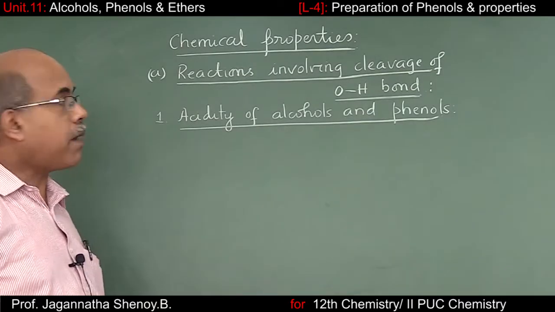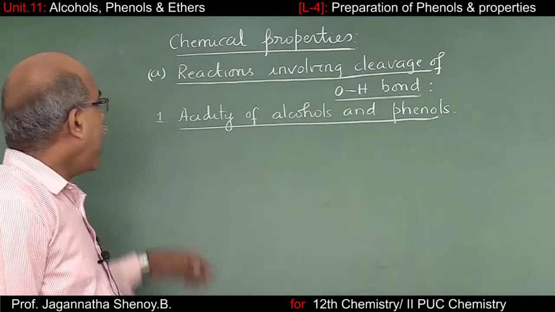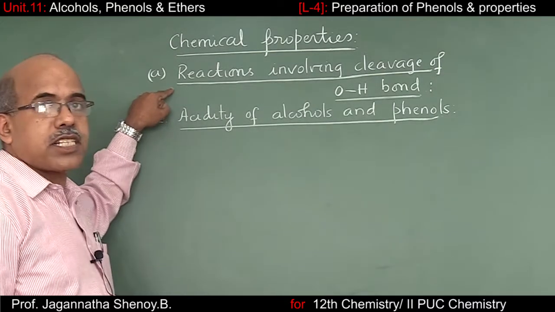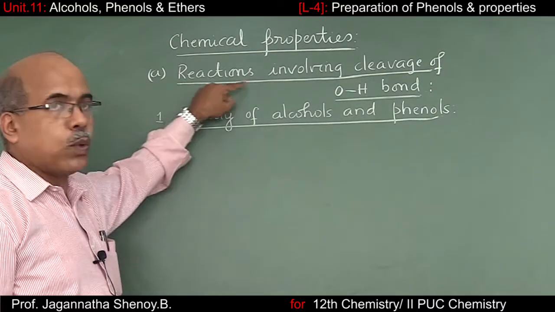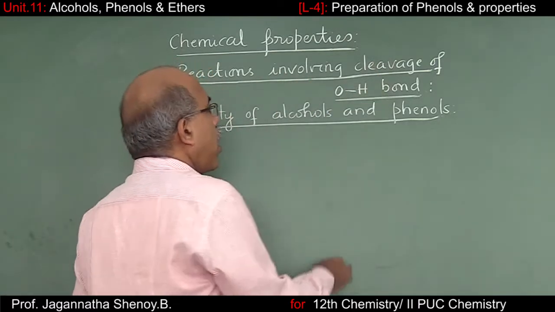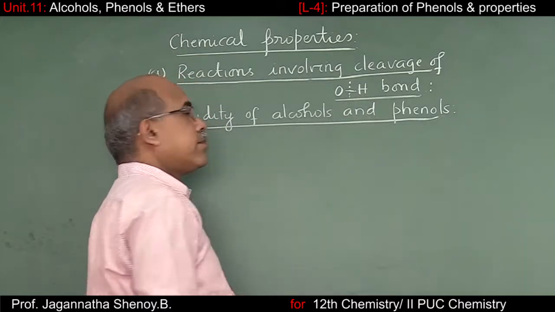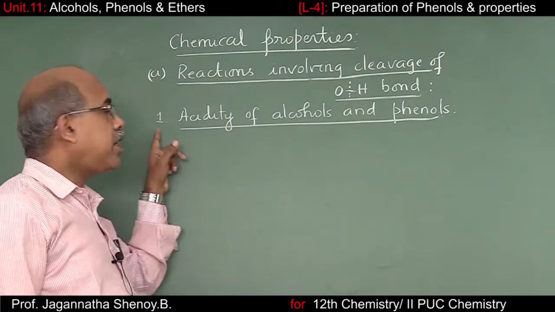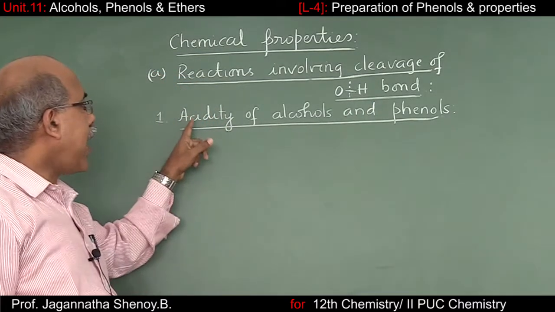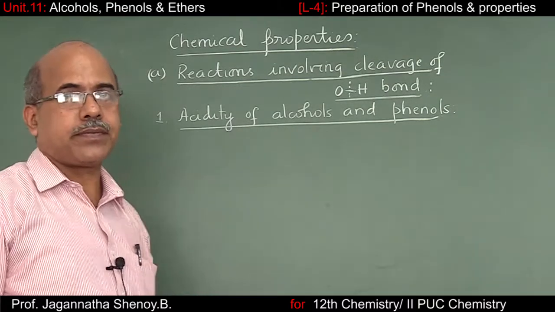We'll start from the chemical properties of alcohols and phenols. Under that, the first set of reactions we are going to consider are those involving cleavage of the oxygen-hydrogen bond. Under that, the first property we are going to consider is the acidity of alcohols and phenols.